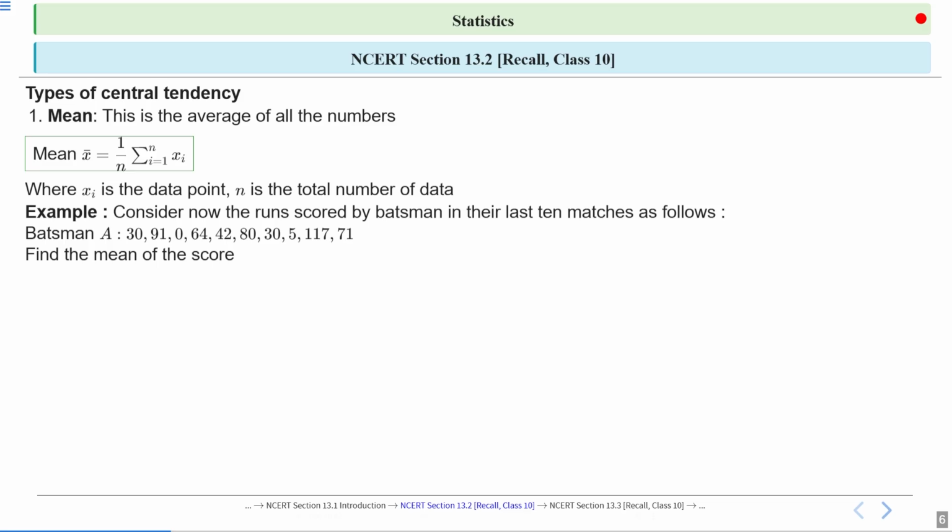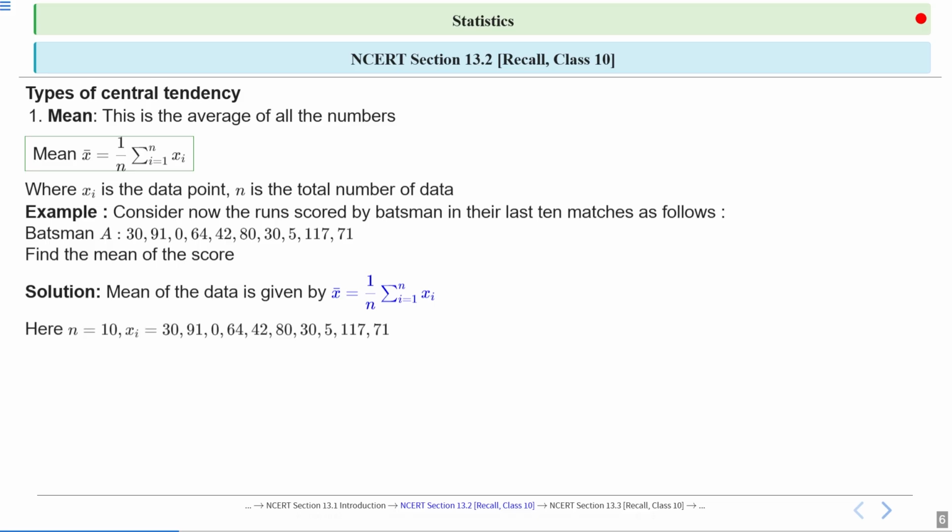For that, we will use the mean formula. Mean of the data is given by x bar equal to 1 by n summation i equal to 1 to n xi. Here, the value of n is 10 and xi is 30, 91, 0, 64, 42, 80, 35, 117 and 71.